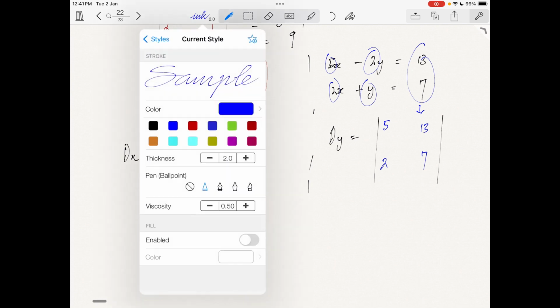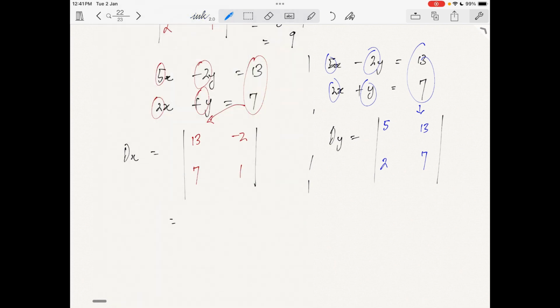So when we solve dx, that gives us 13 times 1 minus 7 times minus 2. That will give us 13 minus minus 14, which is 13 plus 14, and that's 27.